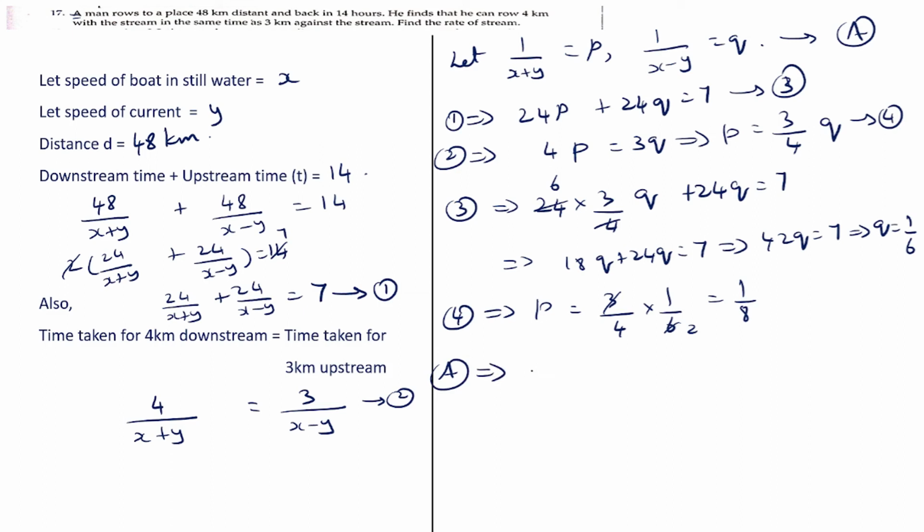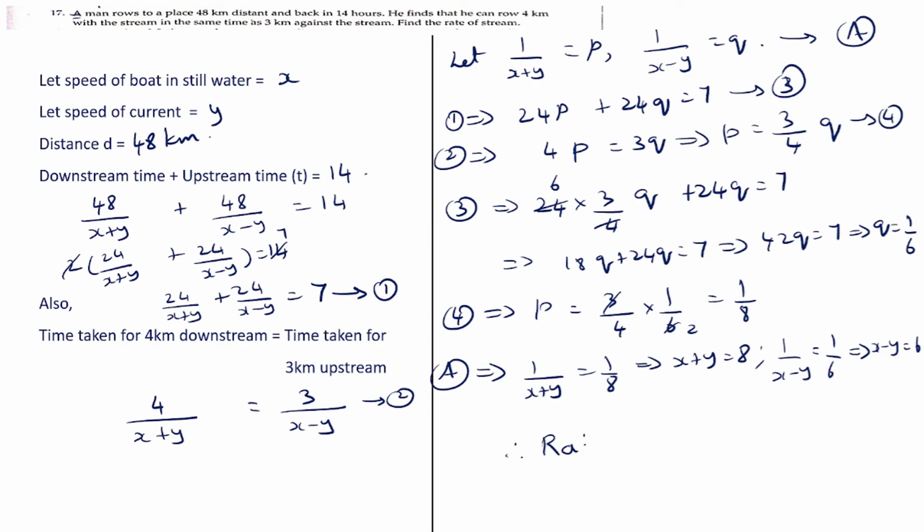So from a we have 1 by x plus y equal to 1 by 8, or x plus y equal to 8, and 1 by x minus y equal to 1 by 6, as we got q as 1 by 6, or x minus y equal to 6. Now we can find the speed of stream. Speed of stream is (8 minus 6) by 2.